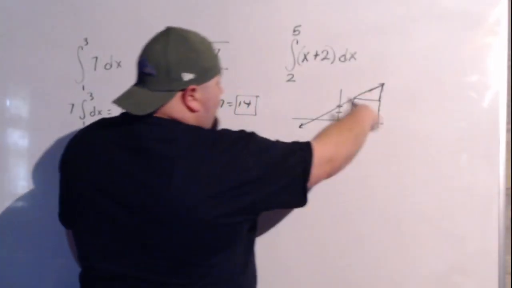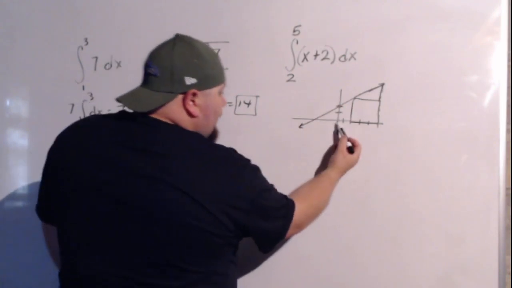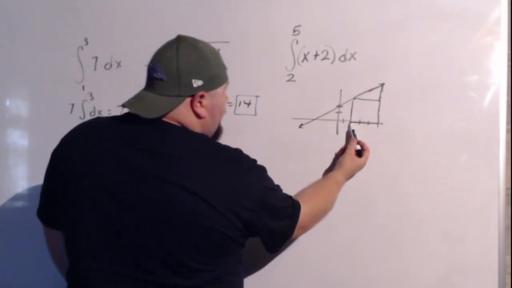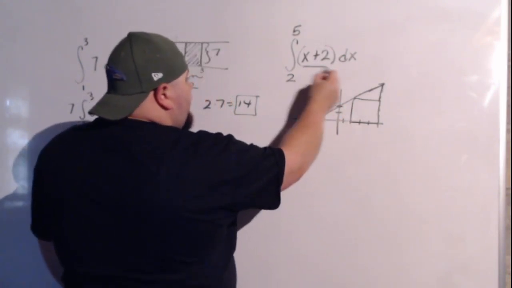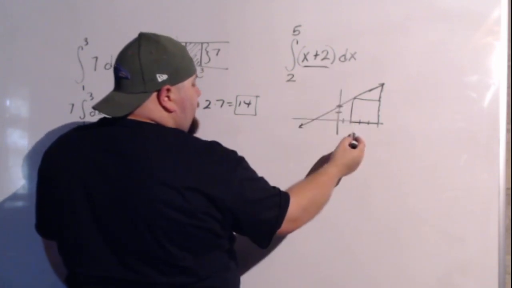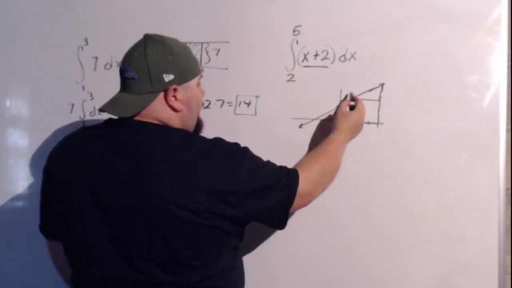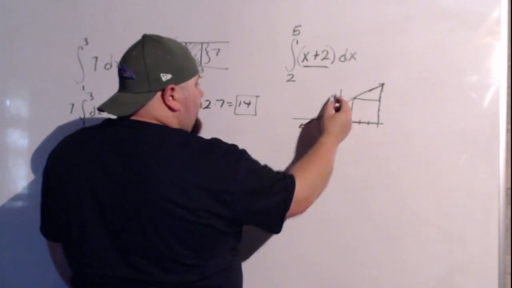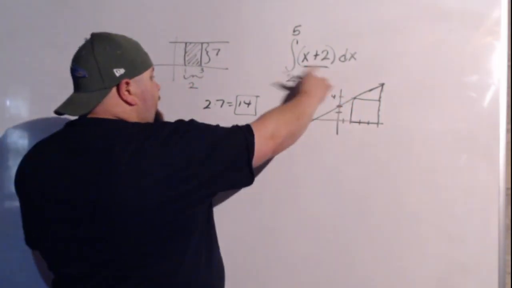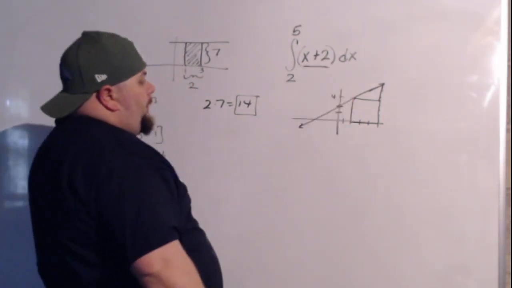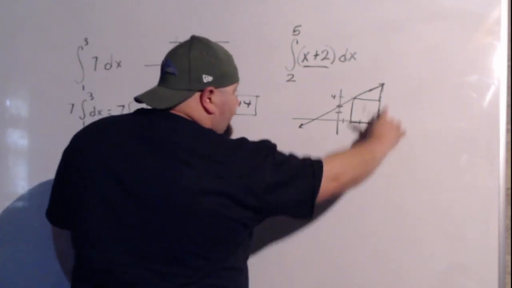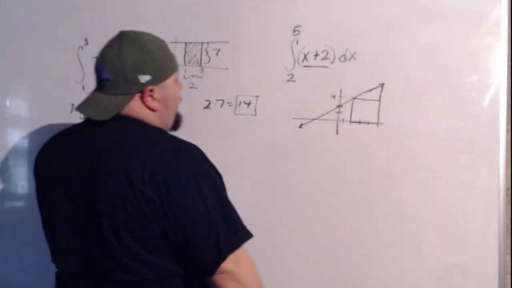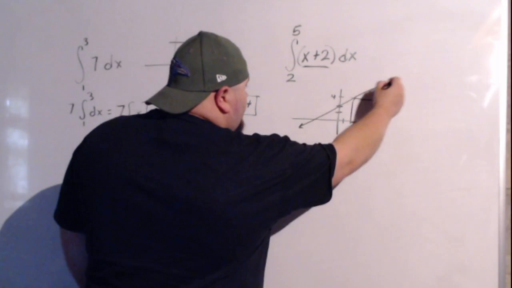So what's this rectangle? Well, at x equal 2, if the function is x plus 2, right, y has to equal 4 here. Right, because x is 2, then you get 4. And when x is 5, what's this value up here? Well, that's 7.